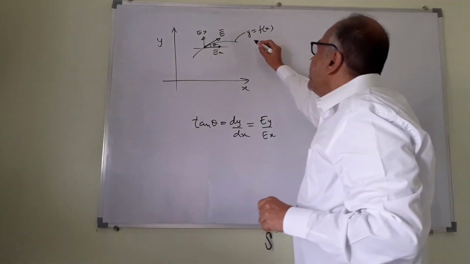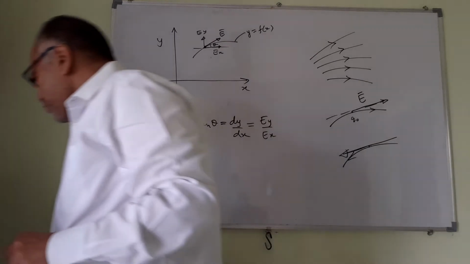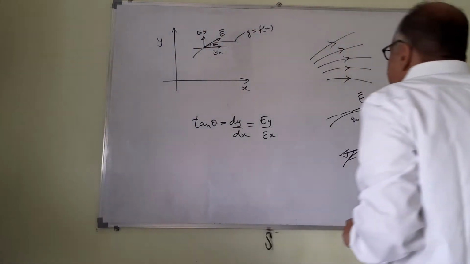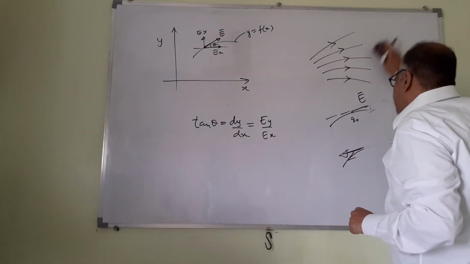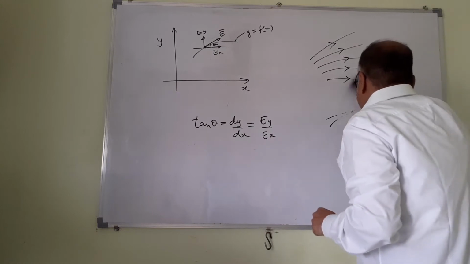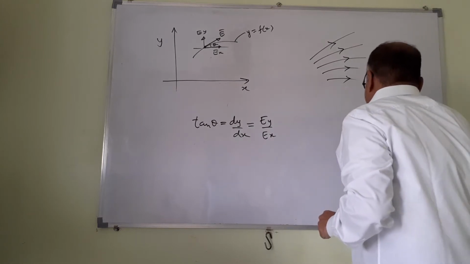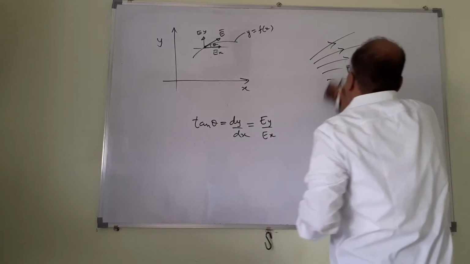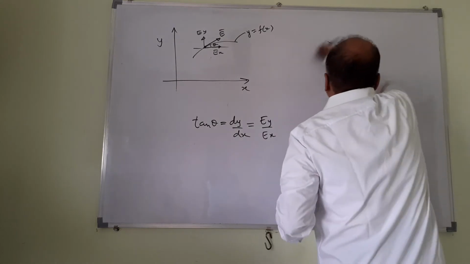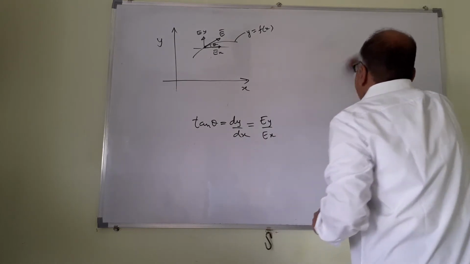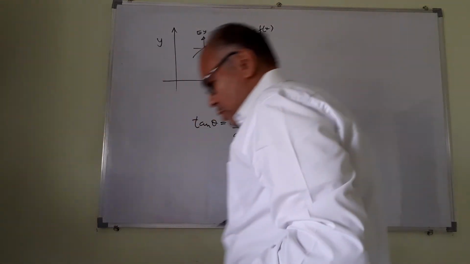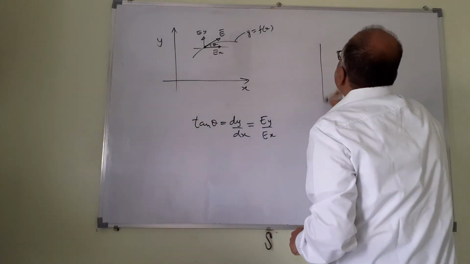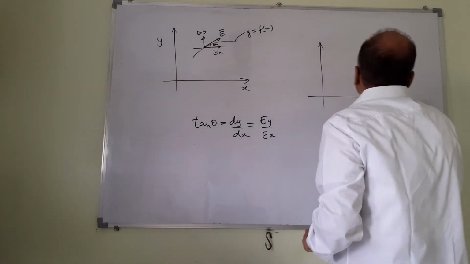We can actually find out what is y as a function of x. Let us attempt this for a point charge. Supposing there is a point charge at the origin.